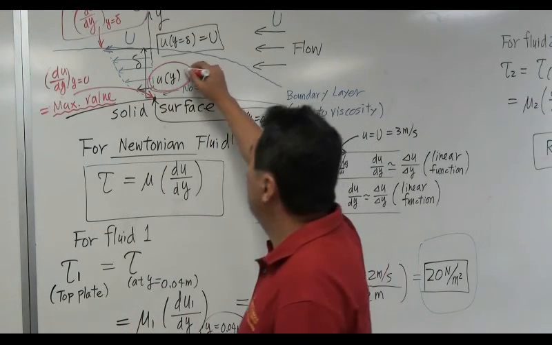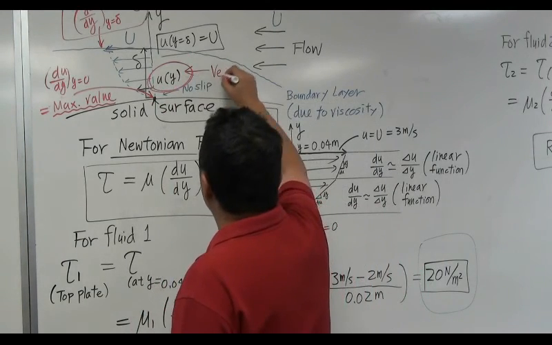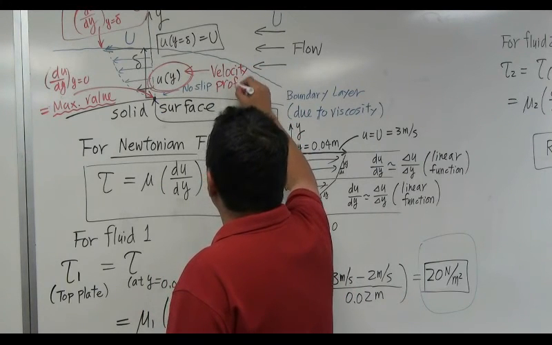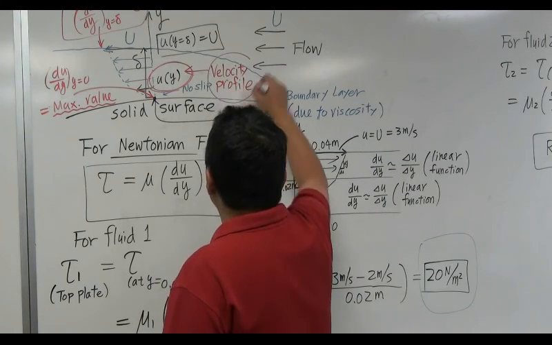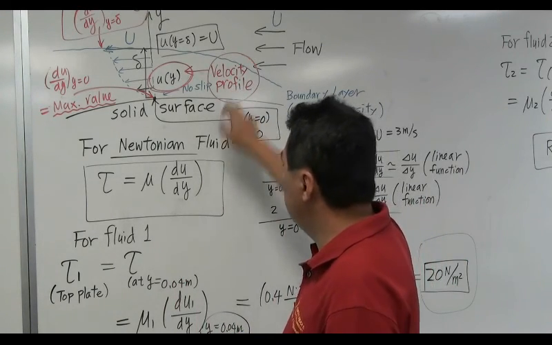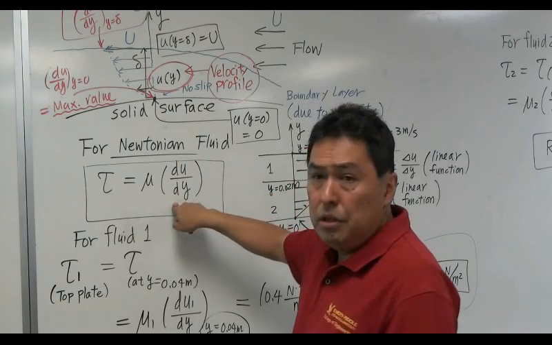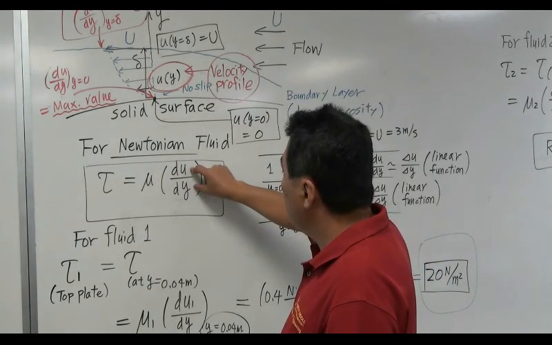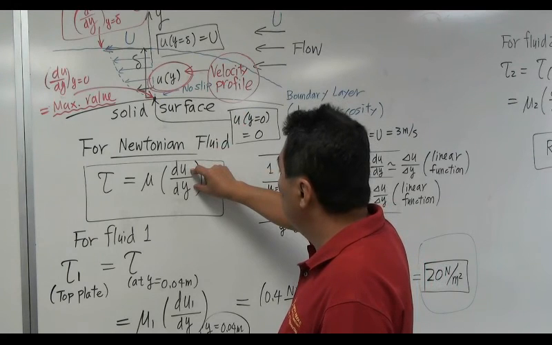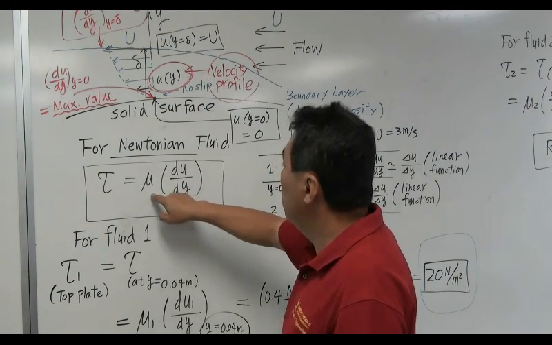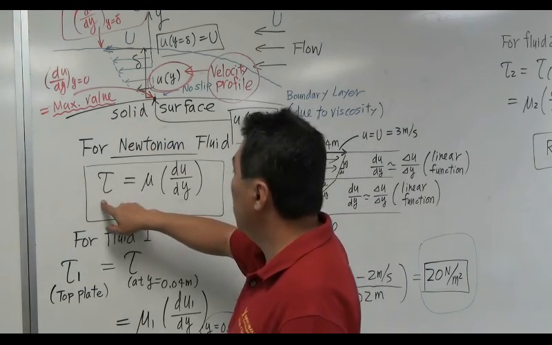So this is called the velocity profile. Once you know the velocity profile, then you can determine du dy by literally taking the derivative of the velocity profile with respect to y. Then multiply by viscosity, and that's going to get you tau.